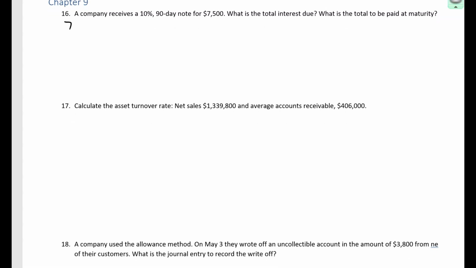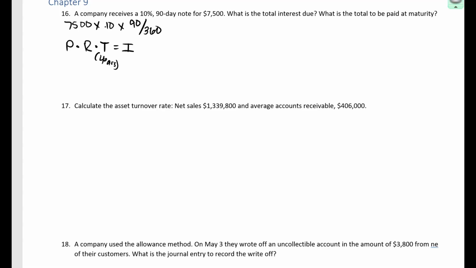So we're going to take the $7,500, multiply it by the 10% and the time, 90 over 360. The formula here is principal times rate times time is going to equal your interest. The time is in years.